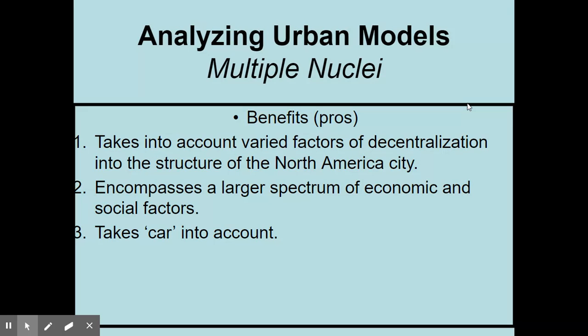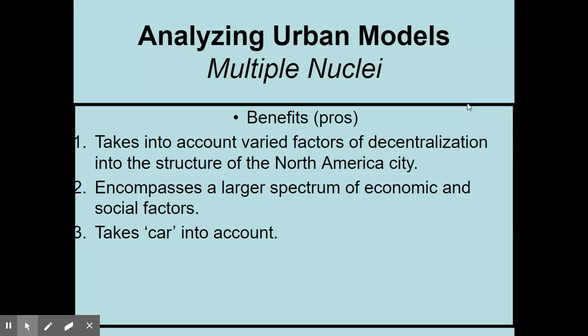And what are the benefits of analyzing this model? Well, it takes into account this very decentralized structure of Western North American cities. And the car, the urban vehicles, have helped allow for the sprawl.